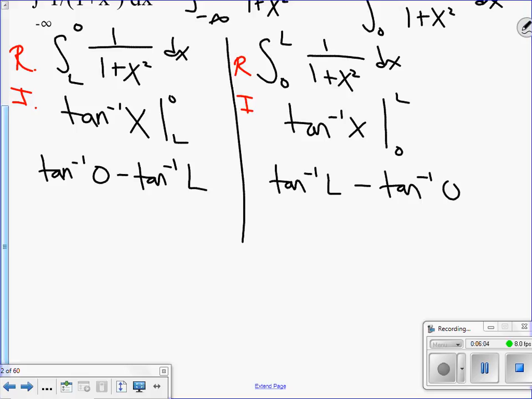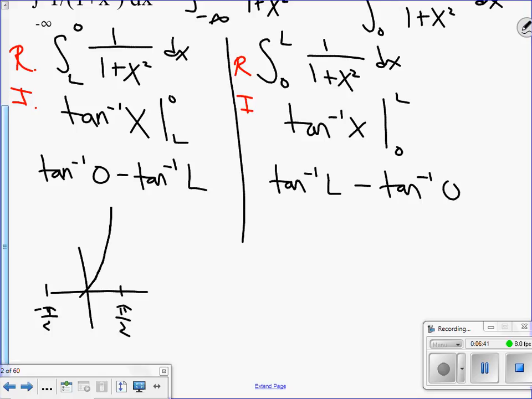So we've done it over three steps. We've integrated. What do you want to do? What's inverse tan of 0? The inverse tan of 0 is 0. If you want to do that now before we take the limit, we can do that. So the angle whose tangent is 0. If you think about the tan, you can only think about the tangent between negative pi over 2 and pi over 2.